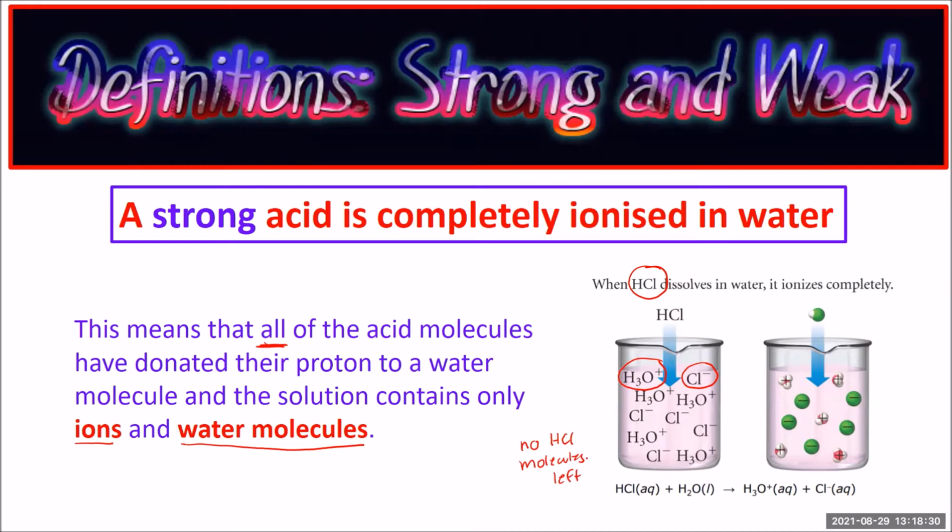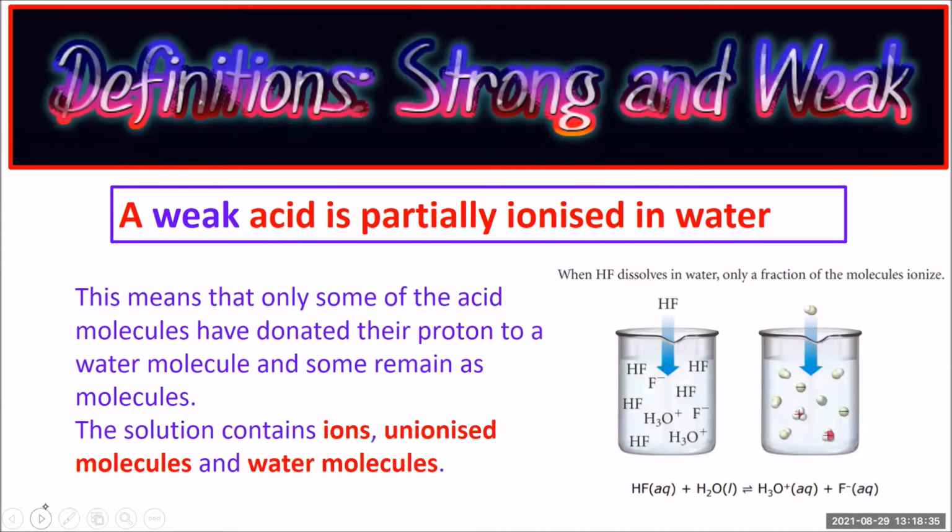Well, what about weak acids then? A weak acid is one that's only partially ionized in water, and this is a new situation for us. It means only some of the acid molecules have donated their proton, and some of them just stayed as acid molecules. So now our solution contains ions, those molecules of acid that didn't get ionized, and water molecules.